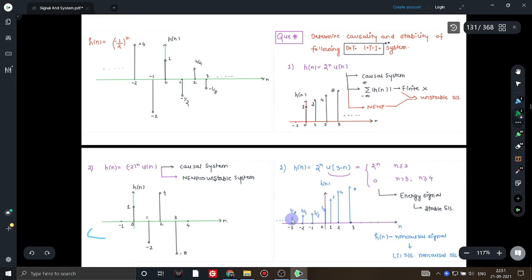Now as you can see, the earlier graph keeps on increasing up to infinity, and its value is not constant at t equals infinity. But in this question, at t equals infinity, the value is constant.